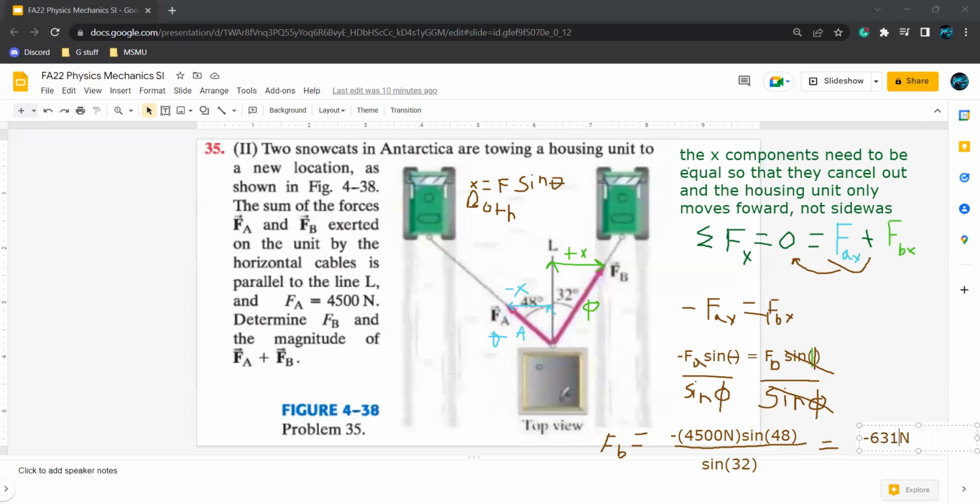But let me do the full with some decimals. And then, because we're technically kind of using sig figs, you have two sig figs here. So we're gonna do 6,300 newtons. I'm sorry. So that's two sig figs. And then that's your answer. And then I guess it asks for the magnitude of FA plus FB. That's finding the Y for both and adding them.